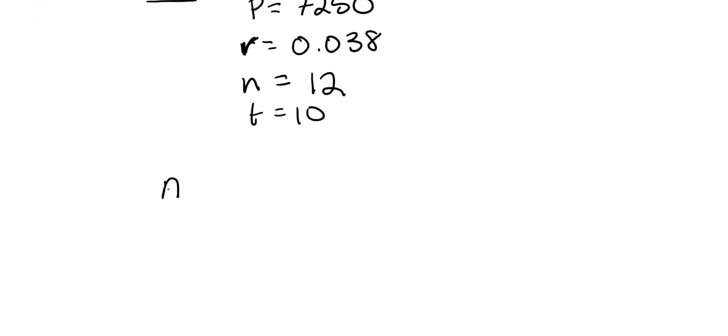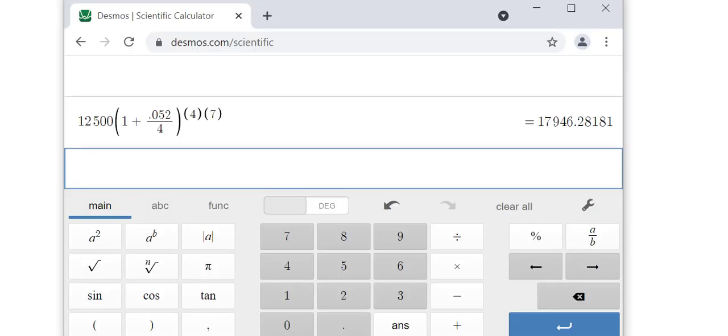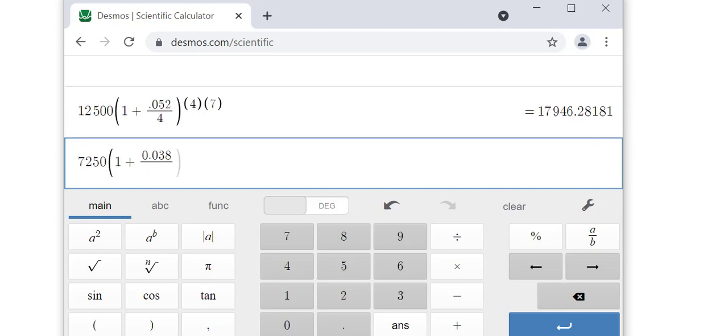So let's go ahead and fill this in. And then let's get the calculator out. Remember, you just go division, and then it shows you the fraction right there. Put it over 12.